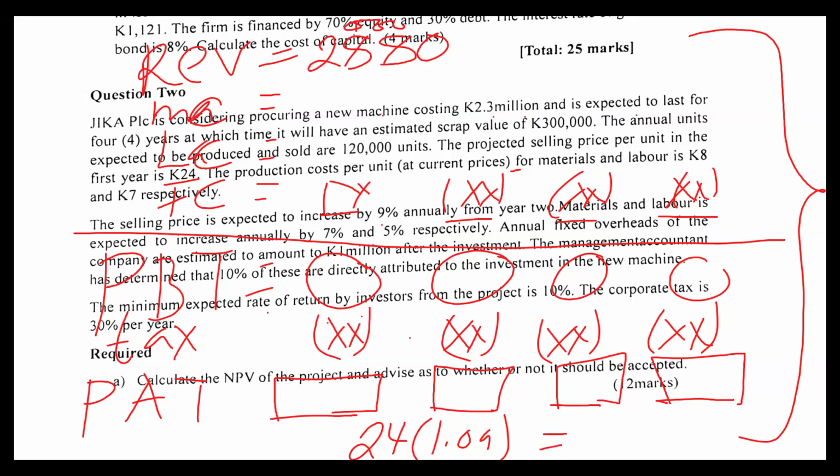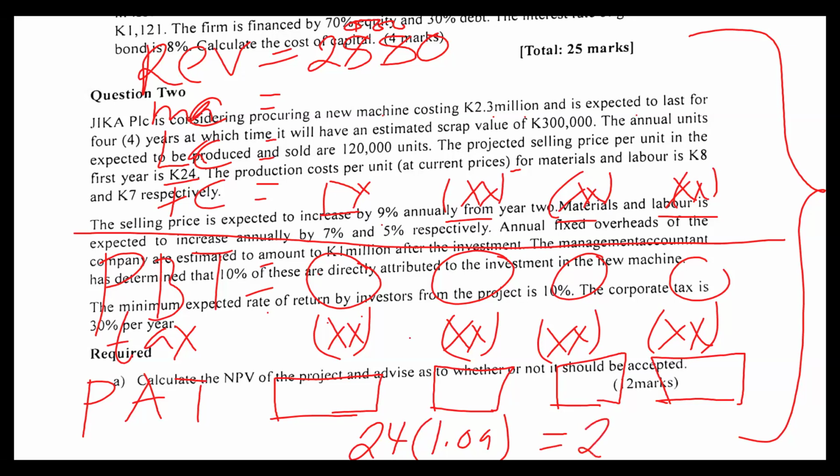Grow the price. 24 times, we are growing the price by 9%. 26.16. Now, multiply that by 120,000 units.